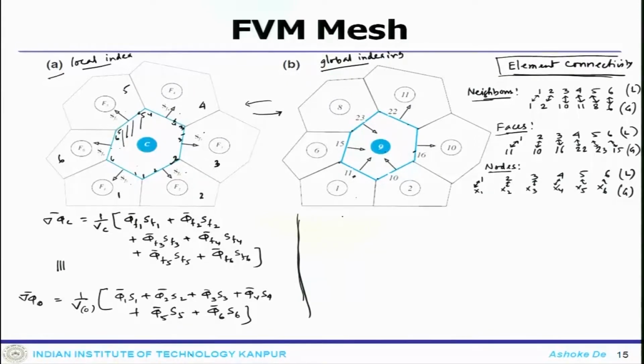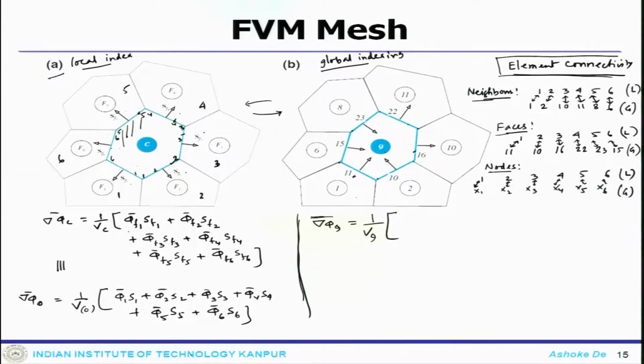If you do the same calculation in the global one, then the global calculation would be 1 by V9, and then going one after another, phi f1 Sf1, where phi f1 is connected here with face 16.